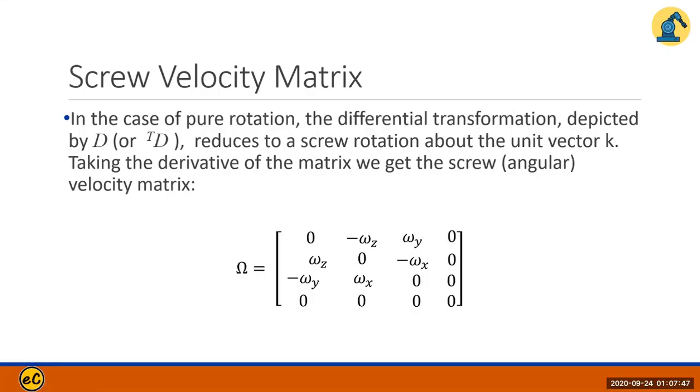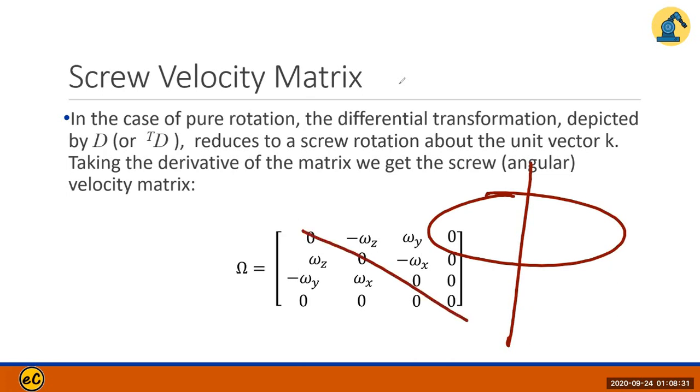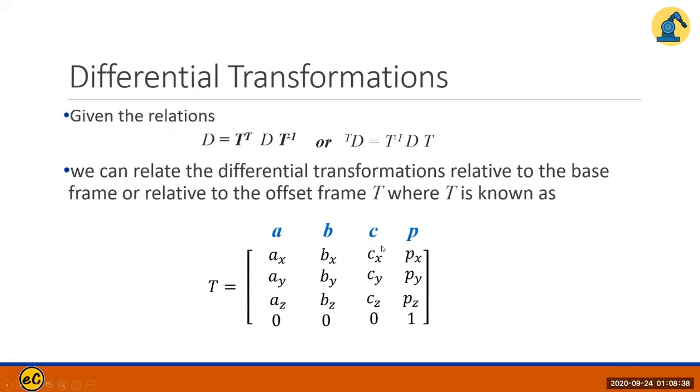The velocity matrix. There's a matrix called the screw velocity matrix. In the case of a pure rotation, where there's only rotation and no translation, the differential transformation depicted by delta or the transpose of delta reduces to a screw rotational matrix, rotating about a vector K. So there's a vector K, and your frame rotates around K. Here the diagonal terms are removed because of the identity matrix I. The transpose matrix you can write down like this.